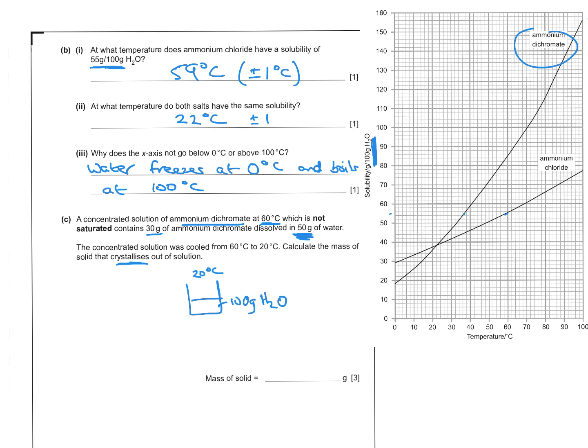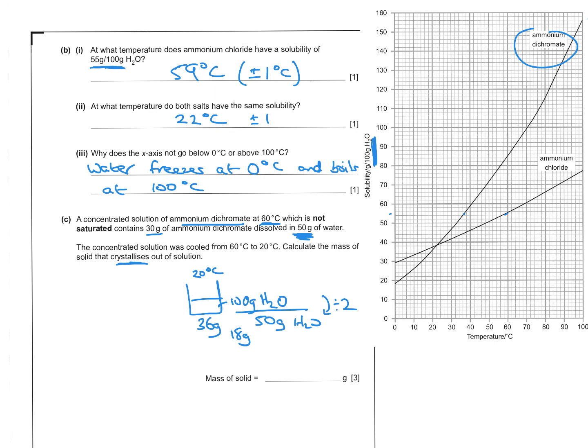And if you read off from 20 degrees C for ammonium dichromate, that's 36. So 36 grams can dissolve in 100 grams of water at 20 degrees C. Now, if 36 grams can dissolve in 100 grams of water, that means that if you had 50 grams of water, divided by 2, therefore 18 grams would dissolve in 50 grams of water.